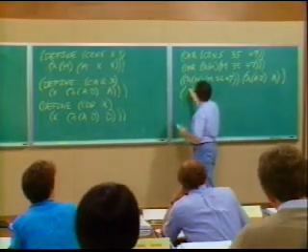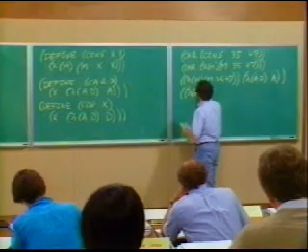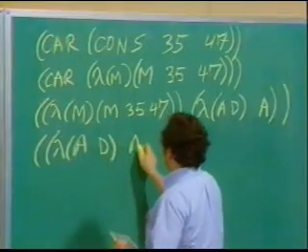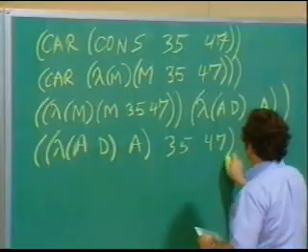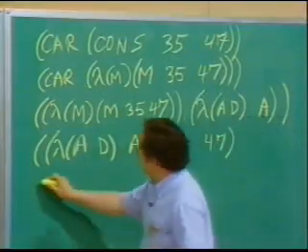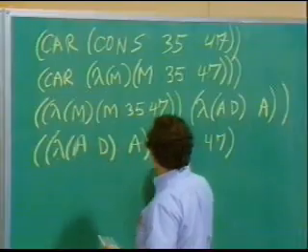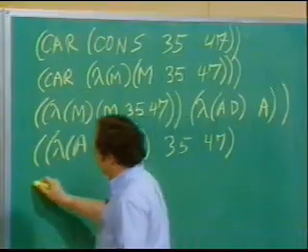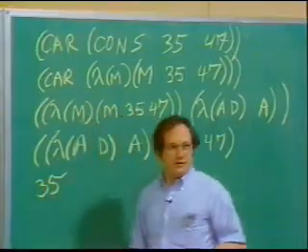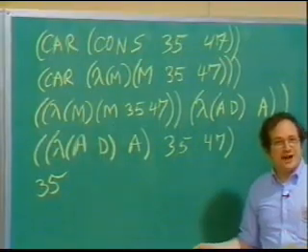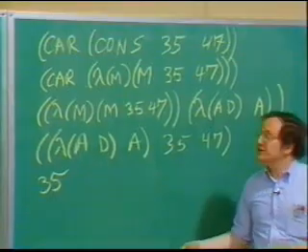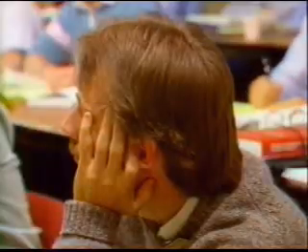Okay, so that's the same thing as lambda of A, D, A, applied to 35 and 47. Oh, that's 35. That's substituting 35 for A and 47 for D in A. So I don't need any data at all, not even numbers. Okay? This is Alonzo Church's hack.